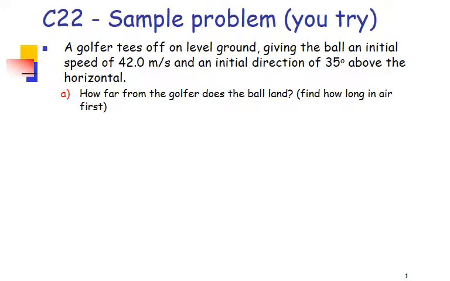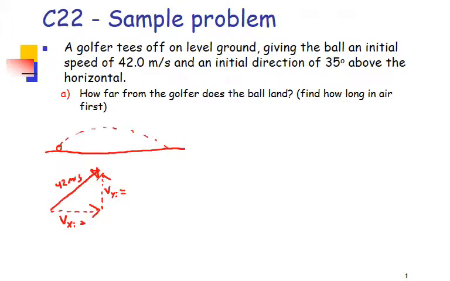So what I want you to do is draw this out first with the big picture, and then break up your velocity into x and y. After that, see if you can determine the time halfway, then the time the full way, and then bring in your x problem and determine the displacement. So go ahead and pause the clip here and give this a shot.